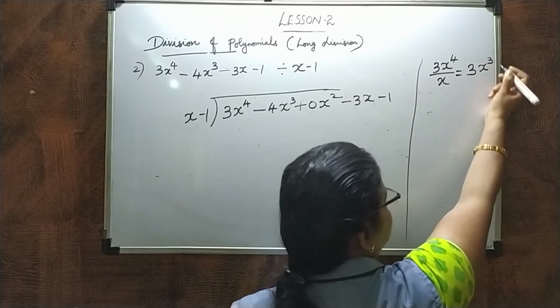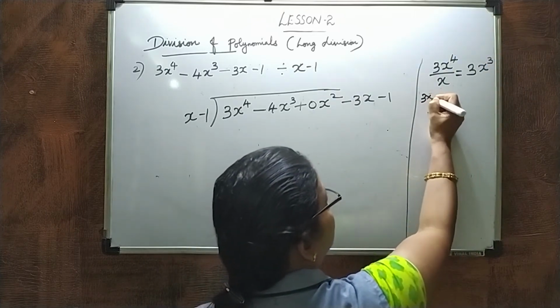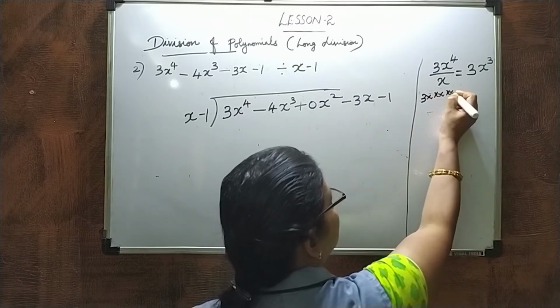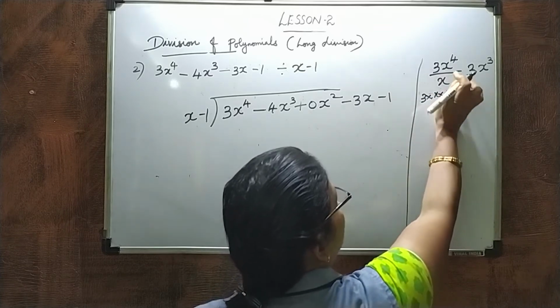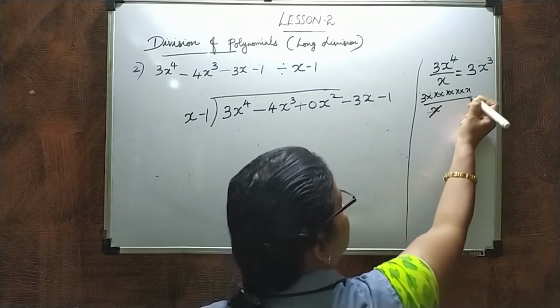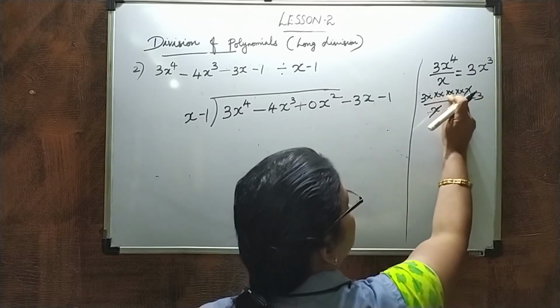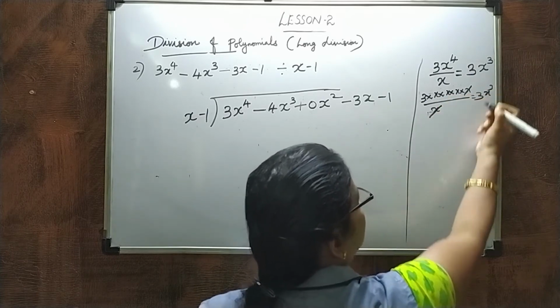You will get the answer 3. Otherwise, how will you find out? 3 into x into x into x into x, x raised to 4 means 4 times, divided by x. x and x cancelled. Balance 3 is there. 1, 2, 3. x raised to 3.